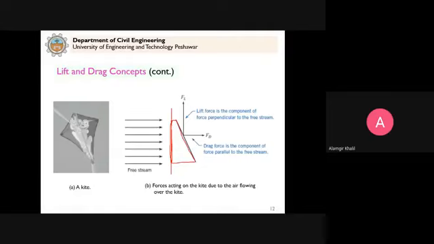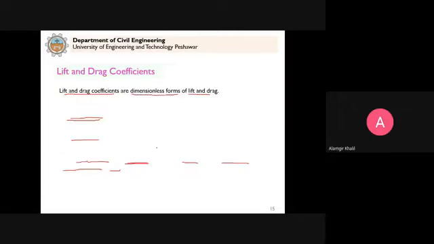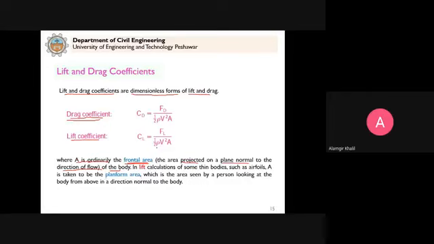Clear? So that will be the area that you have to consider to calculate the drag coefficient, projected on a plane perpendicular to the flow. Clear? So this is what we say here, that this A is ordinarily the frontal area, the area projected on a plane normal to the direction of flow.